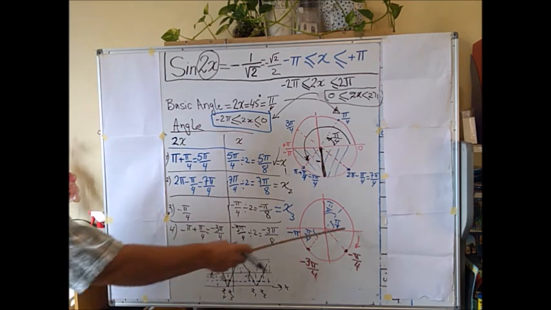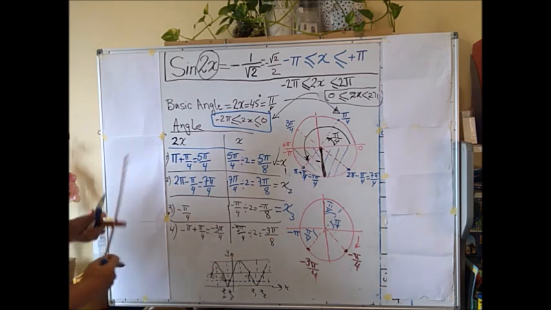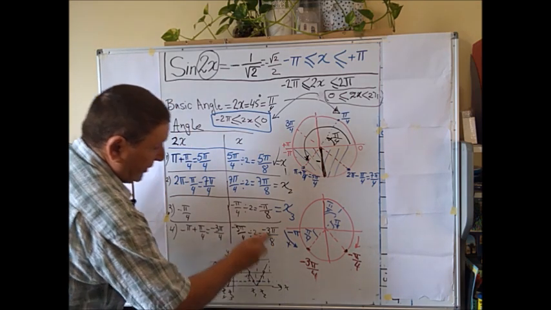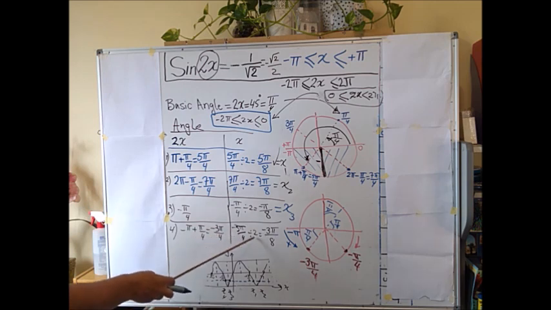So you can say minus pi, but now you go in the positive direction like that. So you add plus pi over 4. Simplify, that gives you minus 3 pi over 4. Divide by 2, you get minus 3 pi over 8.